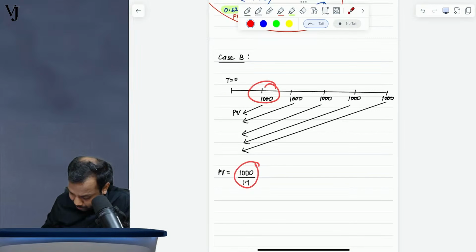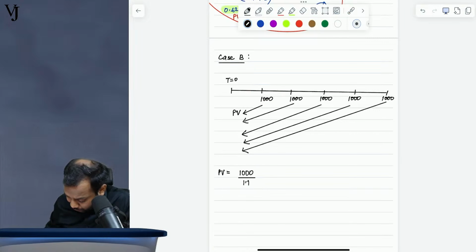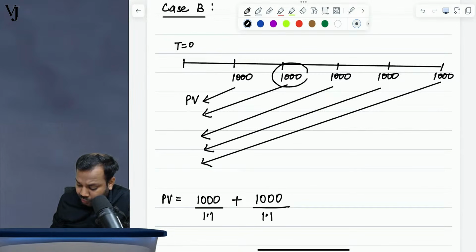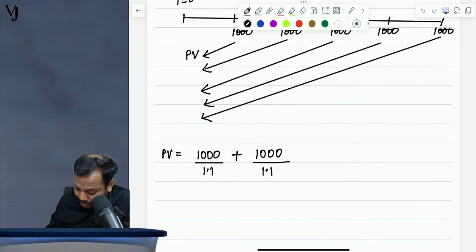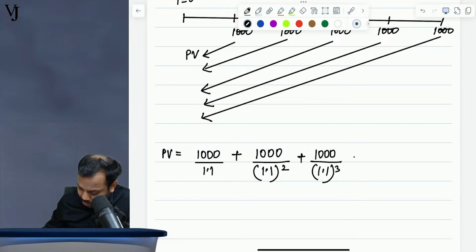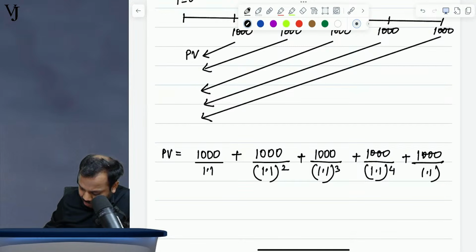Now for this one, plus 1,000 divided by 1.1 to the power 2 plus 1,000 divided by 1.1 to the power 3 plus 1,000 divided by 1.1 to the power 4 plus 1,000 divided by 1.1 to the power 5.